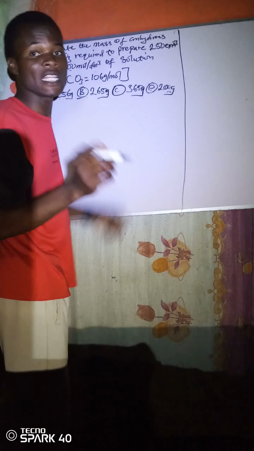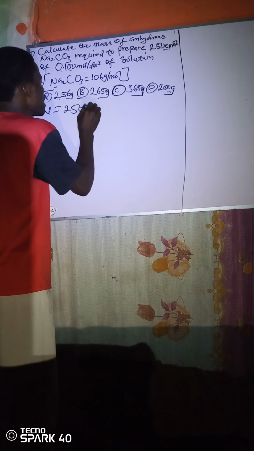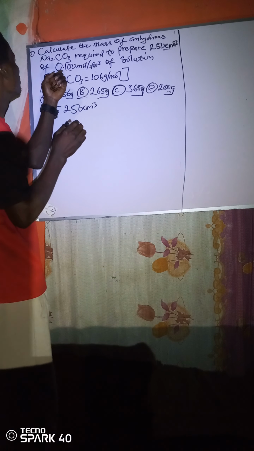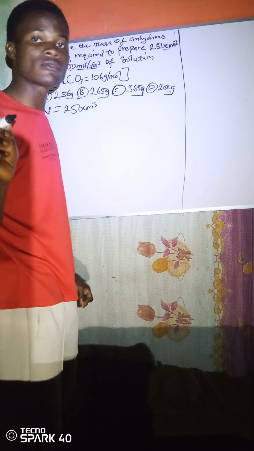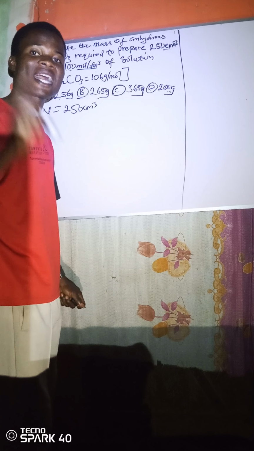Now, cm³ is telling us the thing is volume. That means V is equal to 250 cm³. Now, this is 0.100 mole per dm³. When we talk about mole per dm³, we are referring to molar concentration. If you see mass per dm³ or gram per dm³, we are referring to mass concentration.